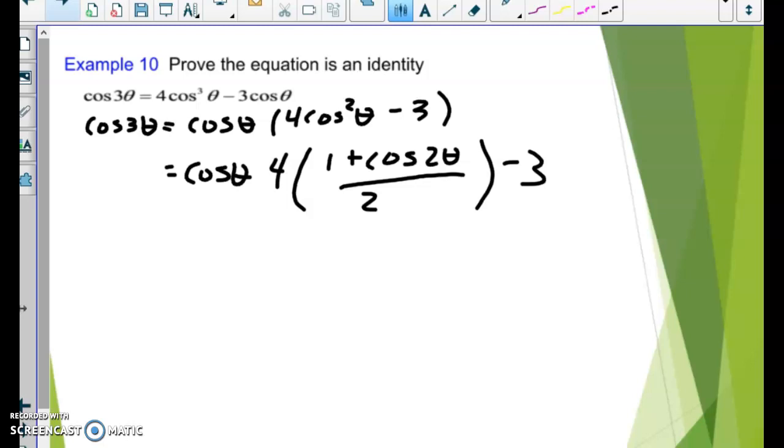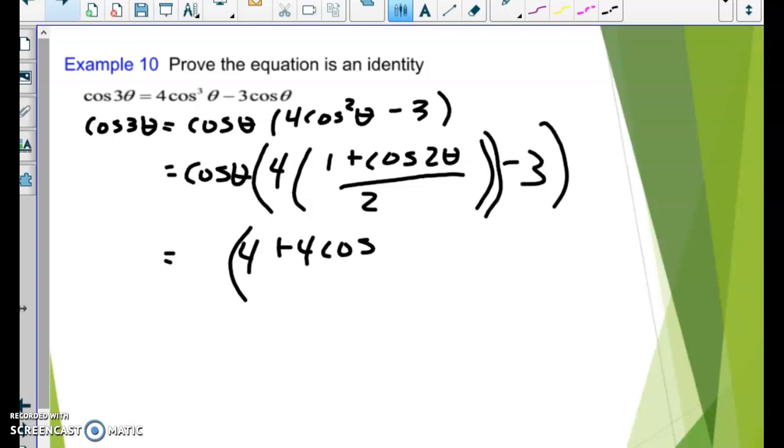If I simplify it, better use another set of parentheses here. And so I'm going to distribute that on top, 4 plus 4 cosine 2 theta all over 2, minus 3.